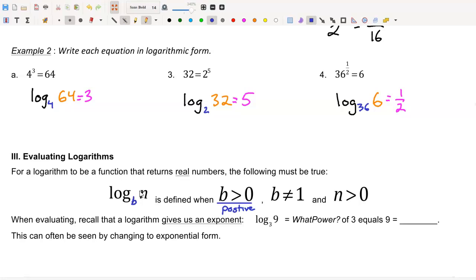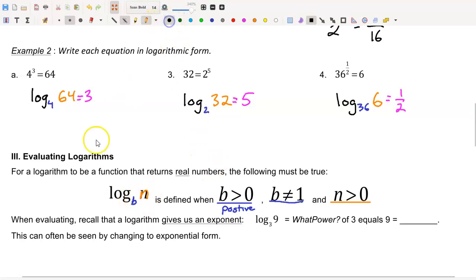It can't equal 1, because that'd be 1 to what power equals this, and well, 1 to any power would just be 1, so that would be a trivial number to have as a base, so we don't ever have that as a base. And the number over here that we're using is also positive, so you won't see any negatives on these numbers. They'll never have negatives there.